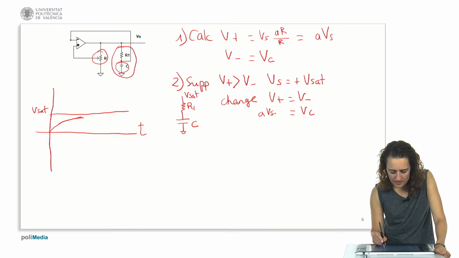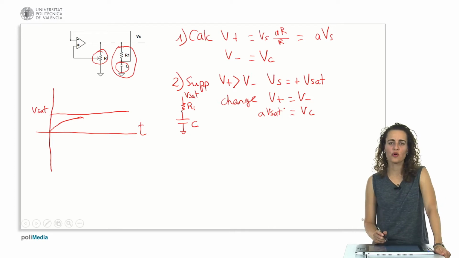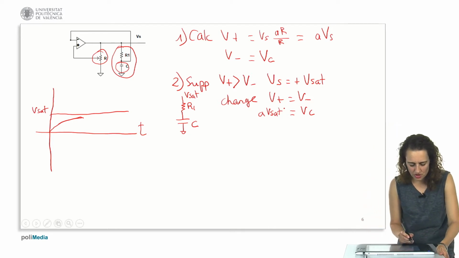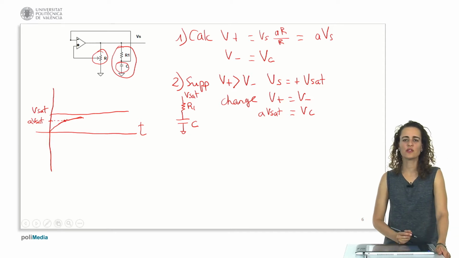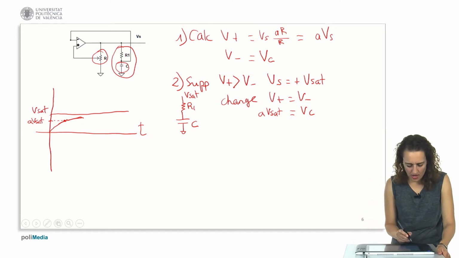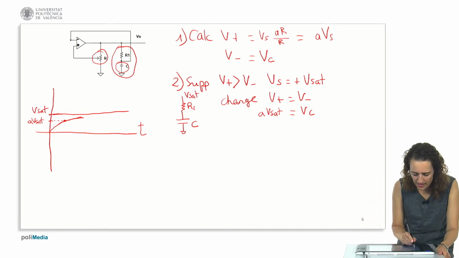So when Vc reaches a portion of the saturation voltage, this portion A times Vsat, there will be the change of state, so that the output will switch from the high state Vsat to the low state minus Vsat.